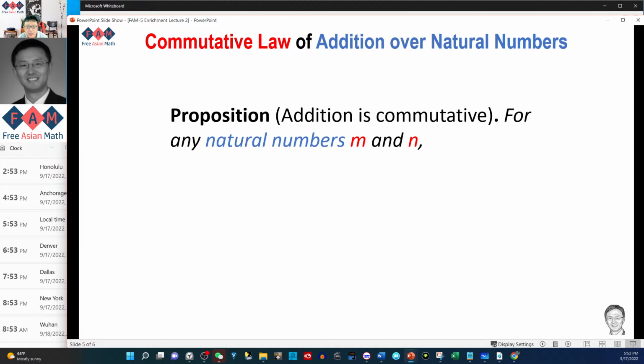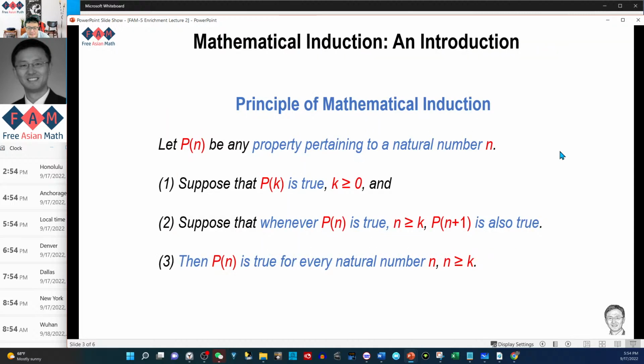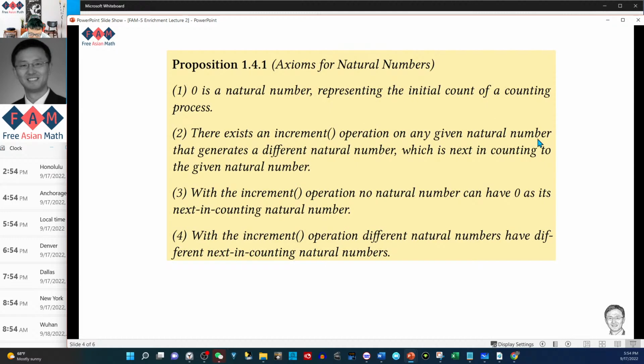As a result, this commutative law, which looks so simple, so natural, will never be proven for them. We have to assume this commutative law is an axiom, something that does not need a proof. We take it as truth without further proof. That's exactly because we did not assume this mathematical induction principle. But in this enrichment program now, we have mathematical induction available.